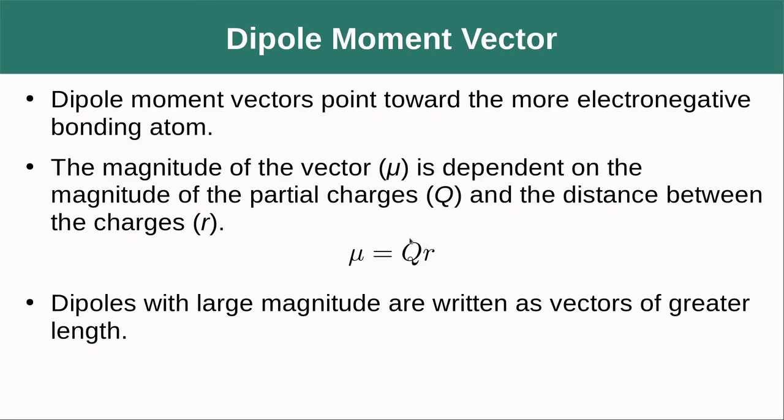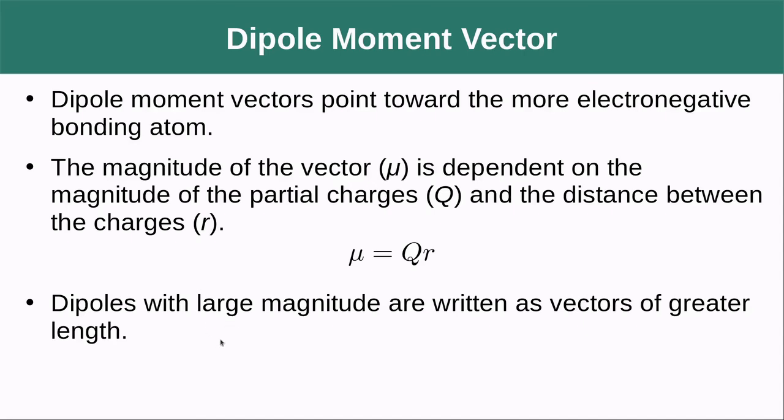And when the partial charges are larger, we're going to get a higher dipole moment. What Q here is, mathematically, would be the difference between the partial charges, if you subtracted the negative one from the positive one.